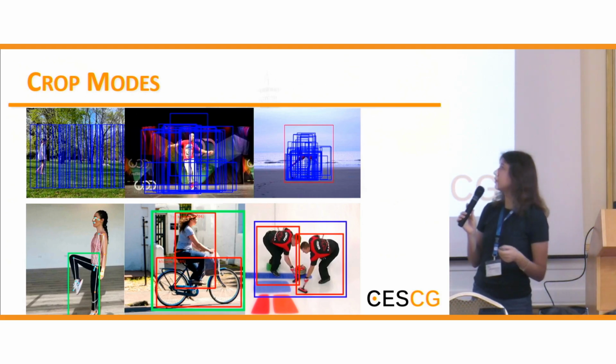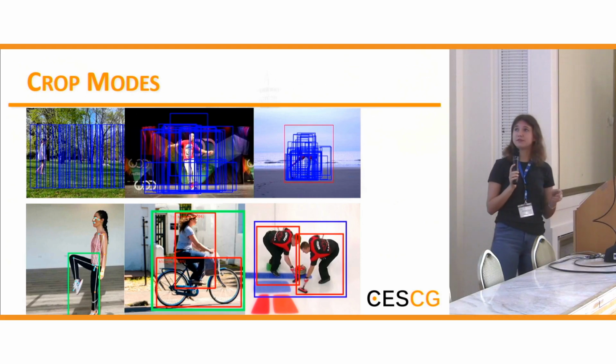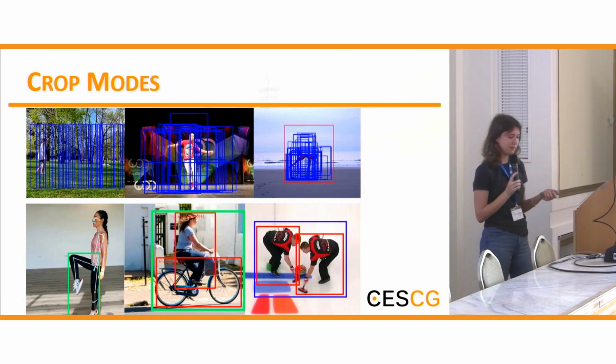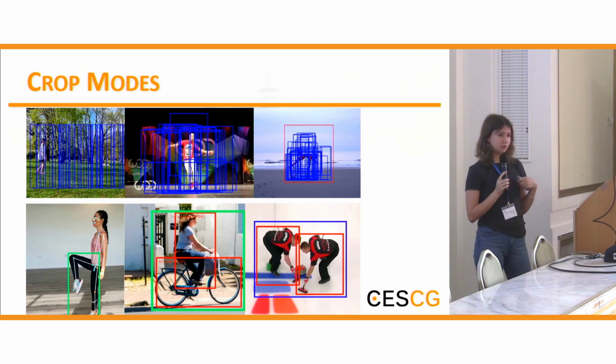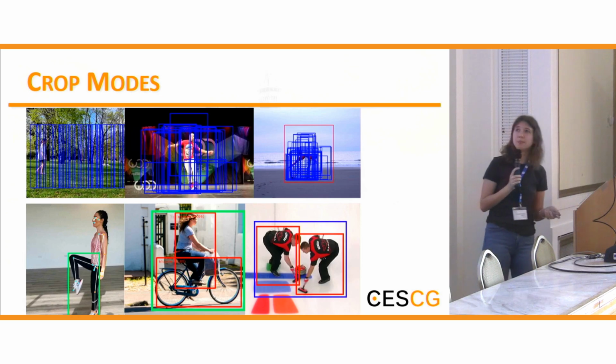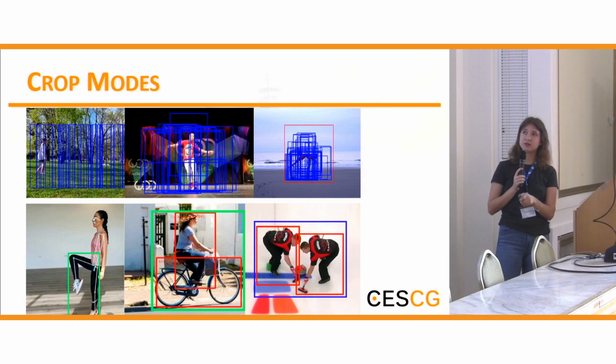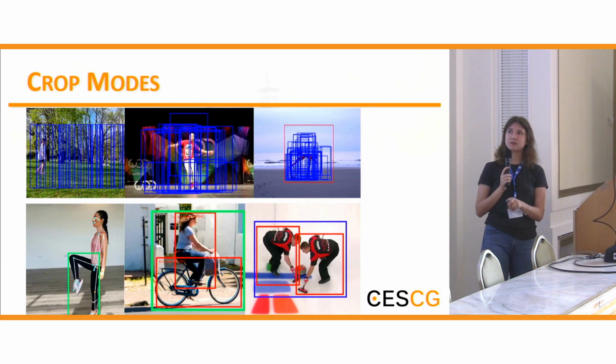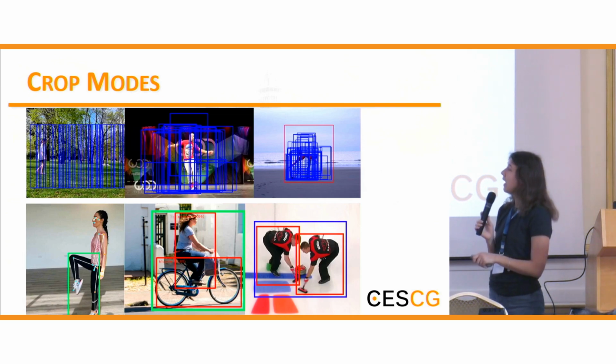When we go to the crop modes, I have experimented with different videos, and my task was basically to find out what the best suitable crop mode is for each video. For example, here my friend is walking on the slackline, and here you can see the first frame of the video and the annotated frame boxes for every 60th frame.